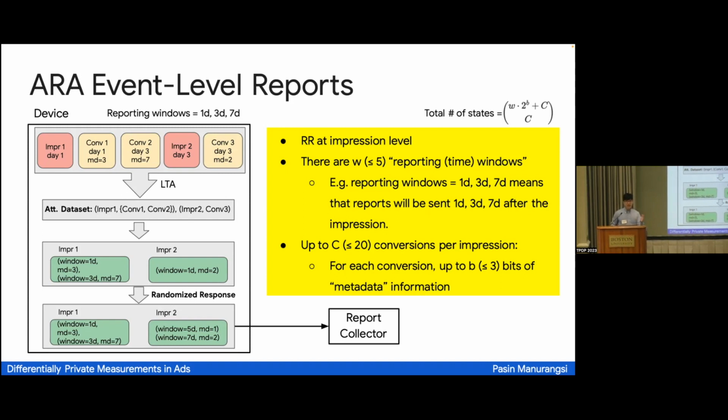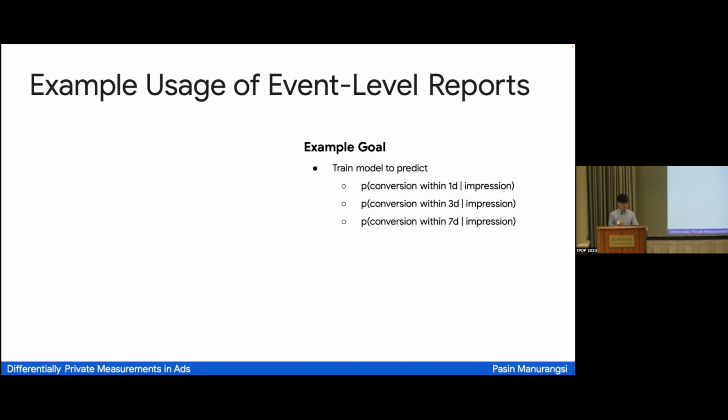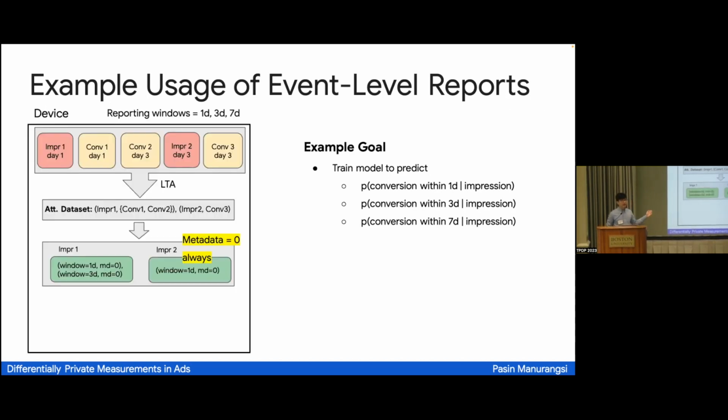Okay, I know it's a little bit abstract at the moment, so let me very quickly show you how this API can be used. Just to give you a quick example, suppose you want to train a model that predicts the conversion rate after 1 day, after 3 days, and after 7 days. Then you can use this API where you don't have to set the metadata at all.